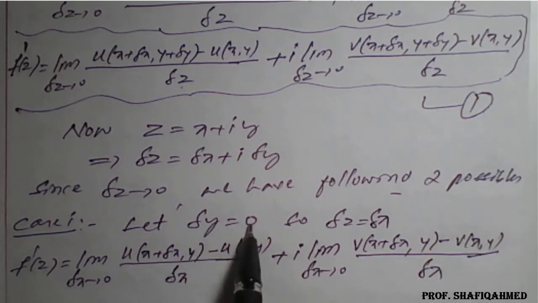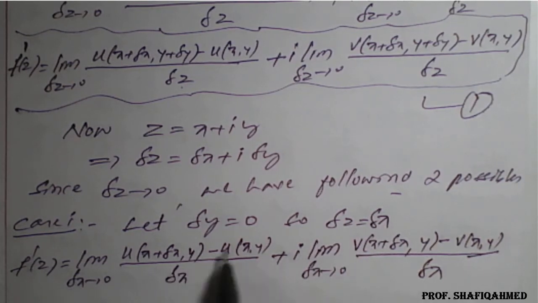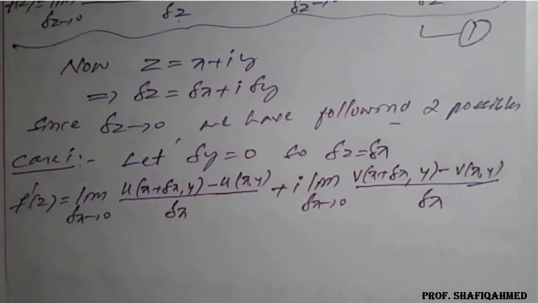So on replacing delta y equal to 0 and delta z equal to delta x, we got a refreshed equation number 1, reframed in place of delta y and delta z.